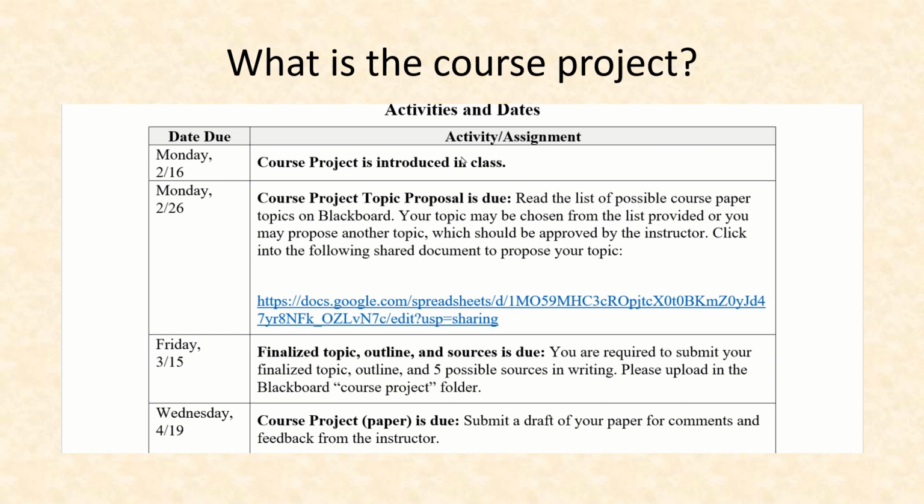Your paper could be chosen from the list that's provided, or you could step off the list and do something else. And ultimately, I'll ask you to click into the shared Google Doc and just list out what is your proposed topic. And then I can jot down some ideas as feedback just to make sure that you're on the right page with what you're aiming to do.